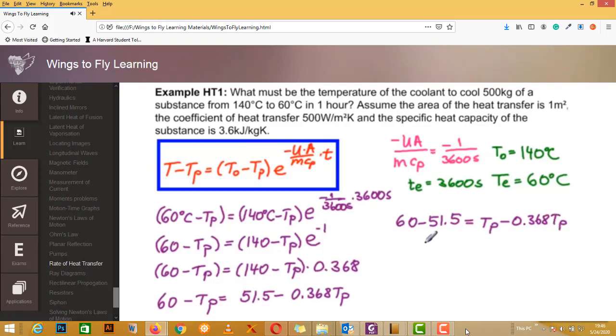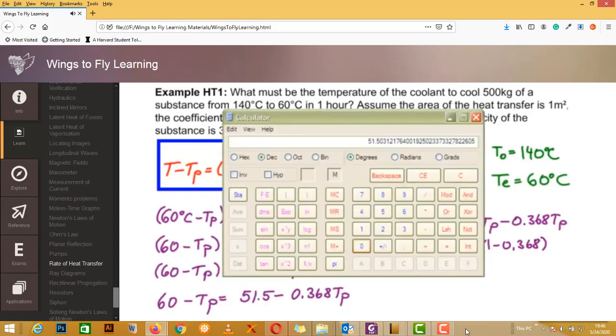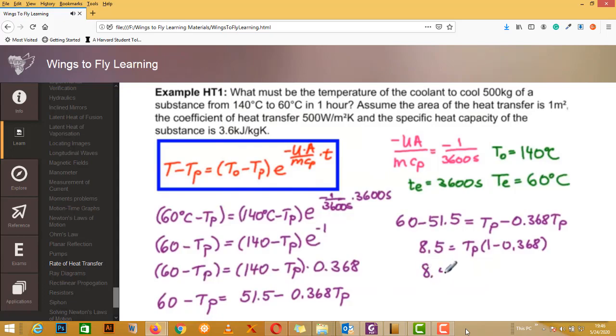So this is 8.5 equals Tp times, and we need 1 minus 0.368. So I believe that was in our memory. So memory recall, plus minus plus 1 equals 0.632. So 8.5 equals Tp times 0.632. And now we just need to get Tp is equal to 8.5 divided by 0.632.